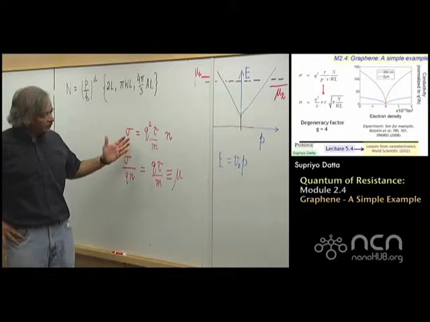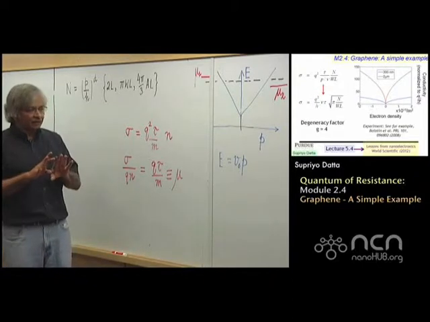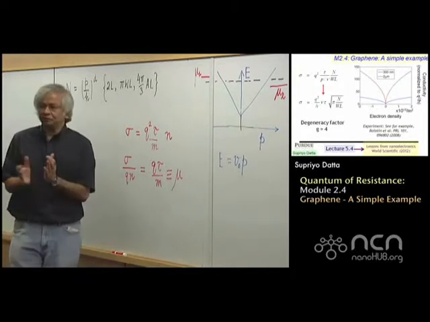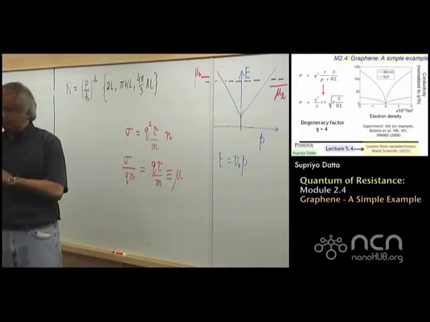Of course, the implication is that ordinarily conductivity should be proportional to the number of electrons, or this electron density.